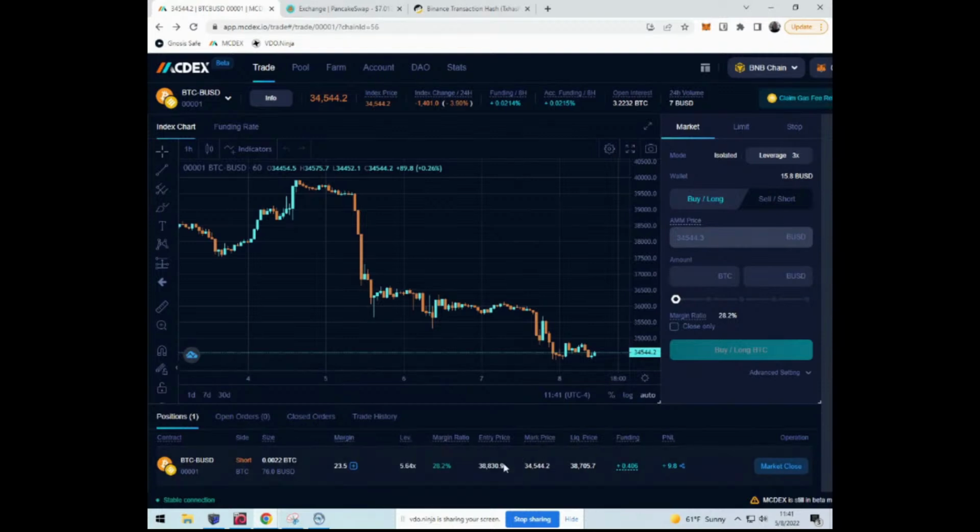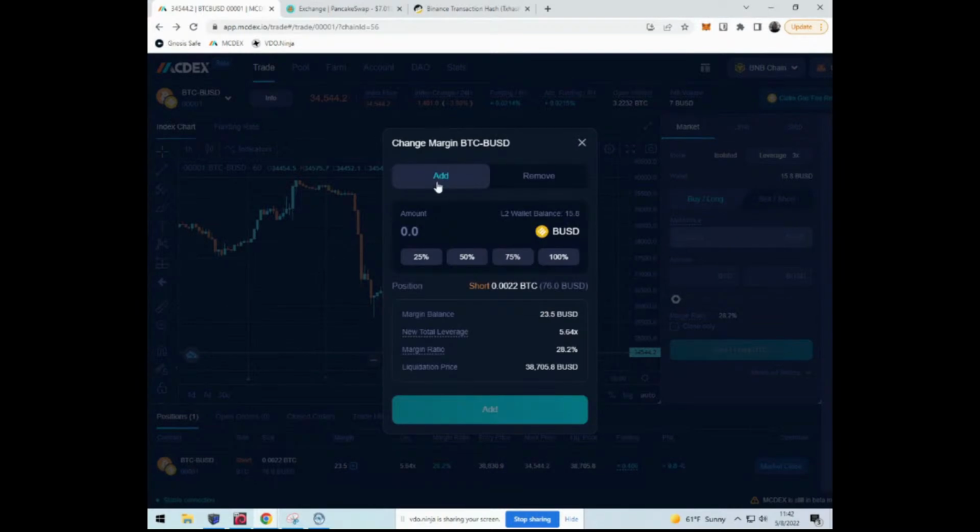allowing us to remove some and then simply add it to the other side of the equation. And when we get a nice little pop, when we get another one of these kind of days, when we melt back up above our downtrend here, we're going to flip and do the other way. We're going to sell some Bitcoin and then take that BUSD and add it here.